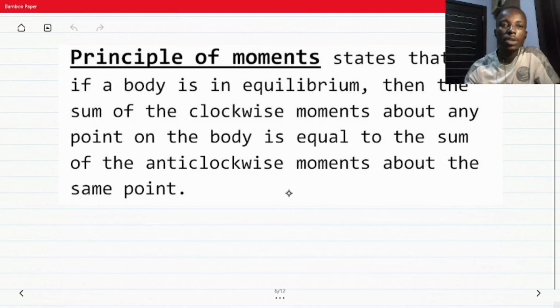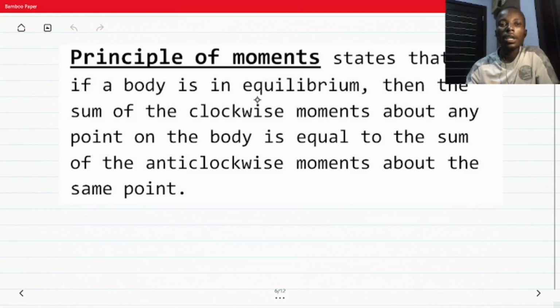So we'll get to the examples in a short while. But before the examples, we are going to be using this principle to solve them, and the principle goes: the principle of moment states that if a body is in equilibrium, let me mention before I go on that the principle of moment, or moment of a force, is a subtopic under equilibrium.